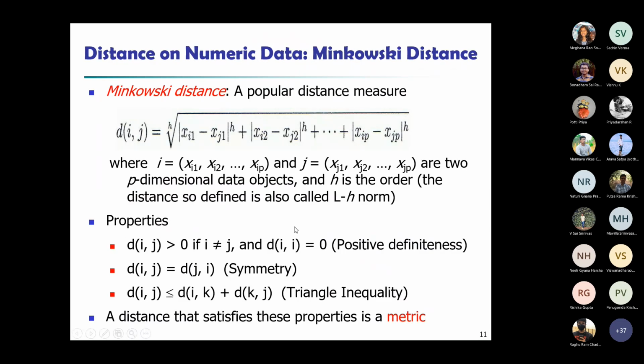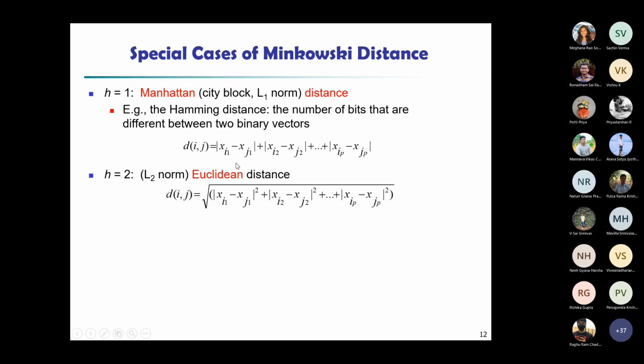Similarly, the Minkowski distance is the generalized, generic one, where you have p-dimensional objects, h is the order of the distance, and it is the h-th root of the sum of the h-th powers. When h equals 2, that is our Euclidean distance. When h equals 1, that is our Manhattan distance, and so on. Manhattan is just the difference of each of these attributes, that's all we do.